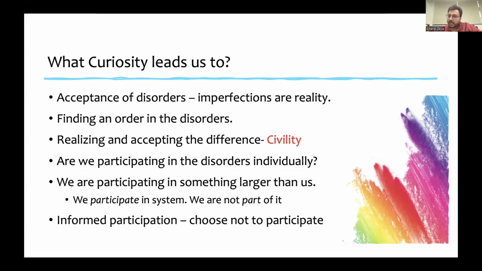It doesn't make any sense for us, isn't it? And then you realize that the family can very well work without the individual, because individuals are merely participating in that system. So you can participate in the school as a student, you can participate in the school as a prefect, let's say, isn't it?